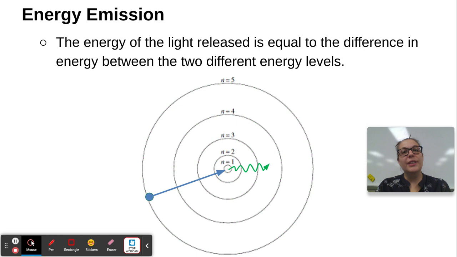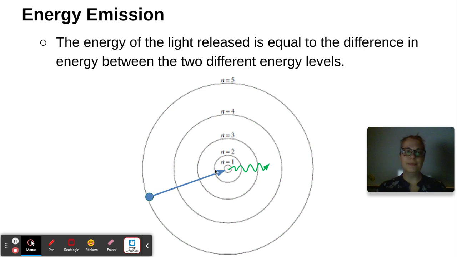So the energy of light released is equal to the difference in energy between the two different energy levels. This means from where the electron started to where the electron fell.